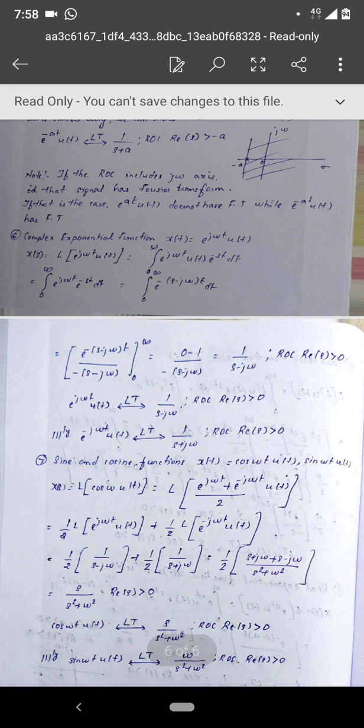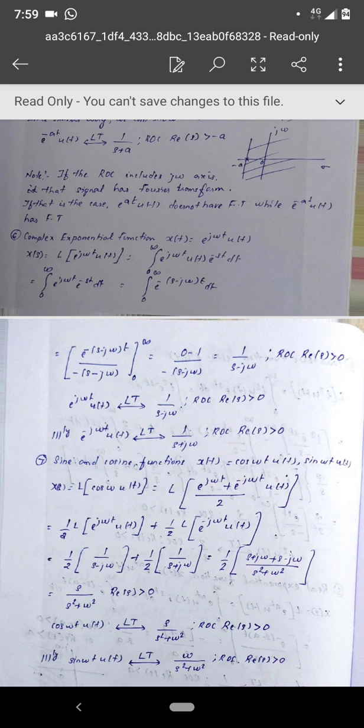Take half outside, manipulate it, and you will get s by s square plus omega square, where again you can see that it is all about complex exponential functions. So again, we are not concerned with j omega, we are only concerned with the real part of s. So here also the region of convergence is real part of s greater than 0.